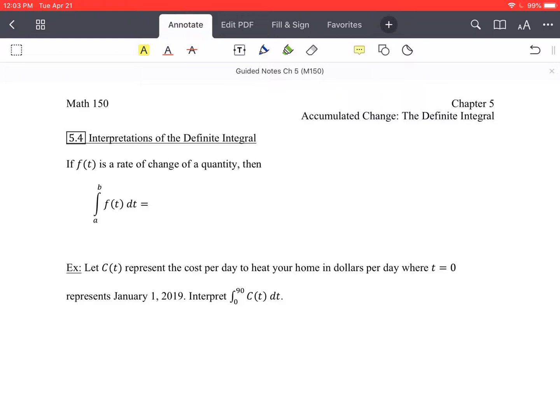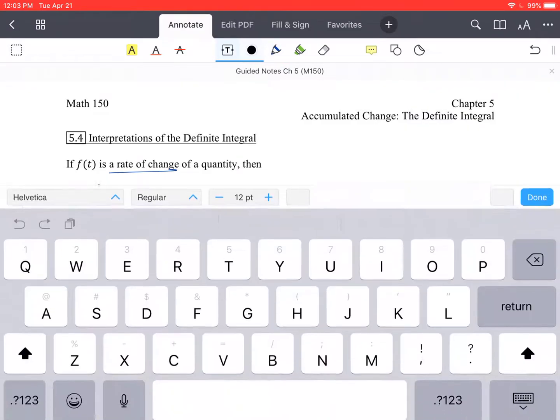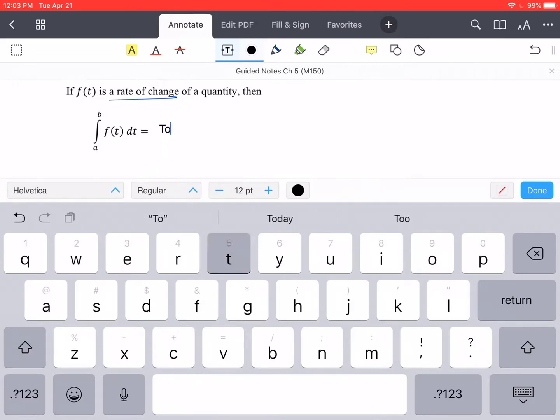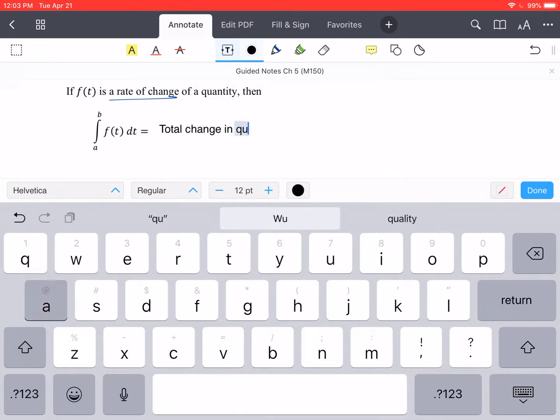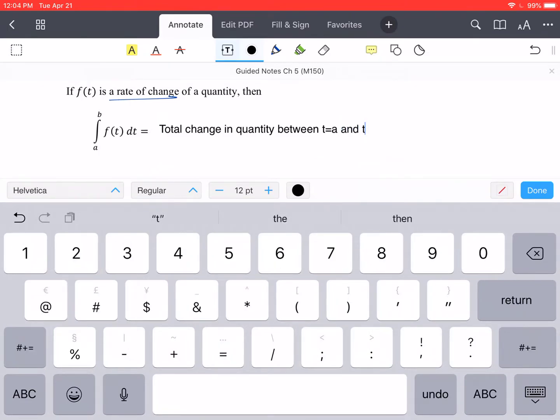Oftentimes when we talk about the definite integral, this area under the curve, we're looking at total change of a quantity. So if f of t is a rate of change of a quantity, then the integral from a to b of f of t dt is the total change in quantity between t equals a and t equals b.